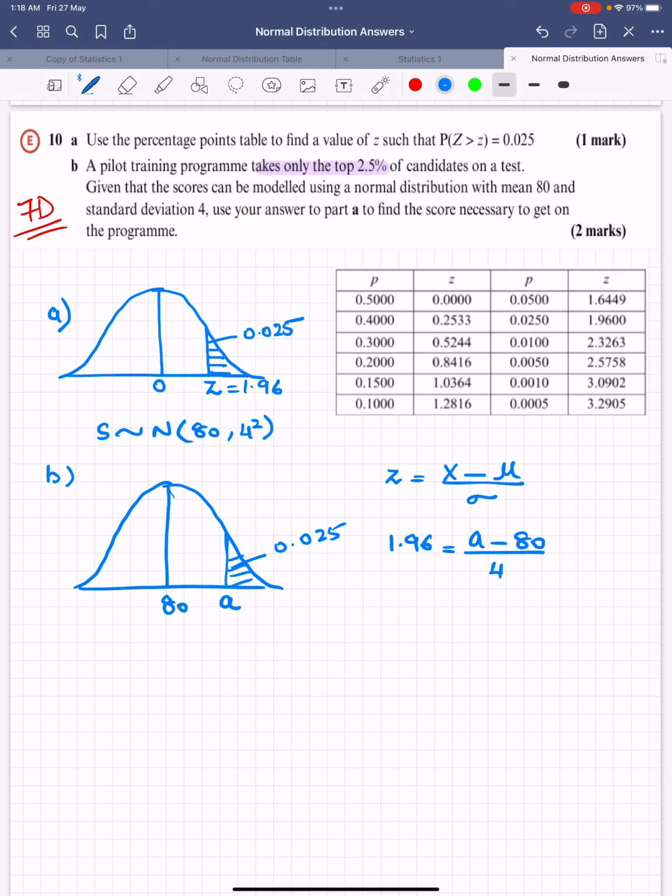We can use the calculator to calculate A. 1.96 times 4 plus 80. So the answer is A is equal to 87.84.